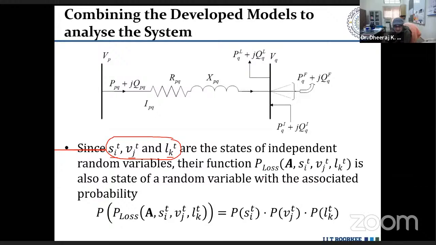Let us say we are interested in power losses. Power losses will depend on how we are allocating different DGs in the system, what is solar radiation, what is wind speed, what is load value. Out of these variables, this is fixed. This will not vary with time, but these are actually random variables.